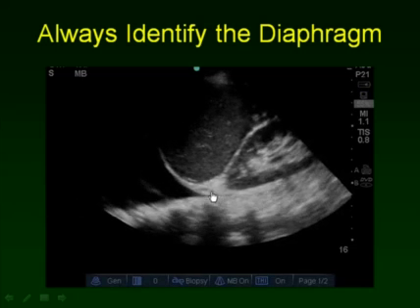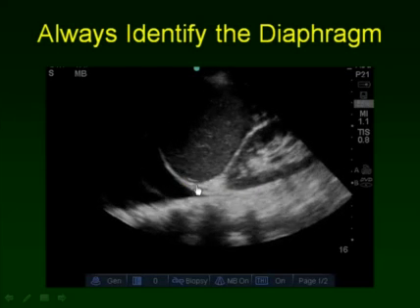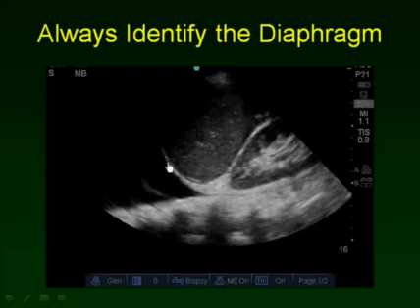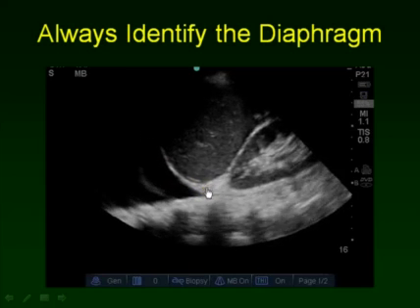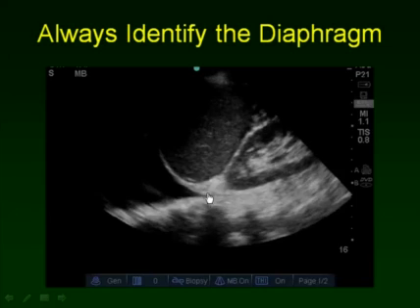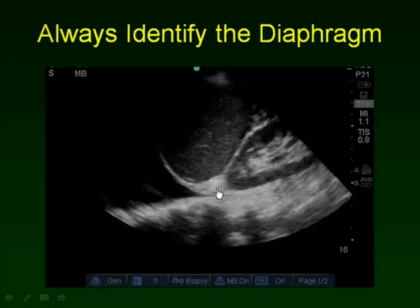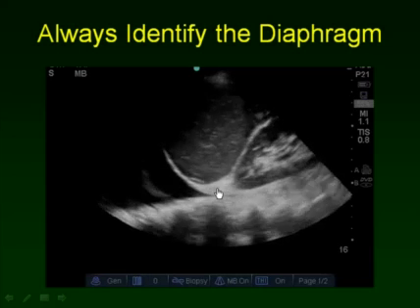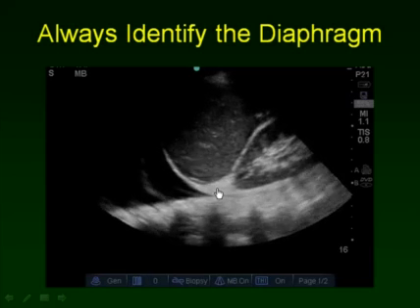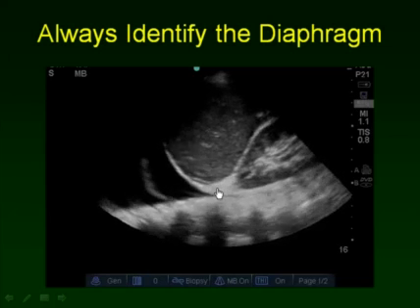Always identify the diaphragm. Here we have the curvilinear diaphragm. This would be a scan that's done in longitudinal plane with a 3.5 megahertz cardiac transducer, the better to fit through the ribs. And this would be in the mid-axillary line, properly called a coronal plane.